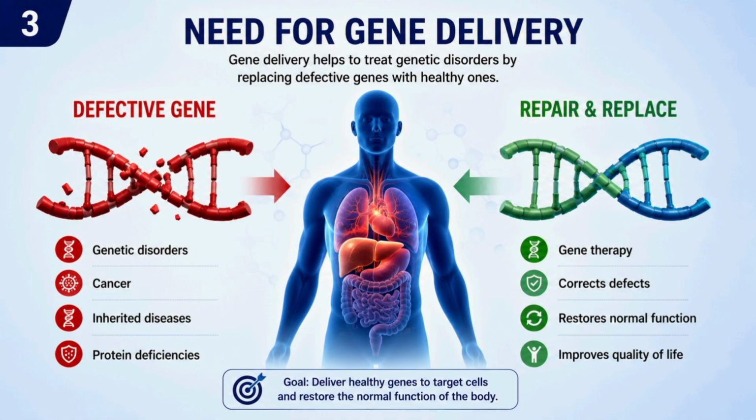This can lead to diseases such as thalassemia, hemophilia, cystic fibrosis, sickle cell anemia, and some inherited cancers. Traditional medicines usually control the symptoms. For example, painkillers reduce pain, insulin lowers blood sugar, and antibiotics kill bacteria. However, these medicines do not correct the defective genes.